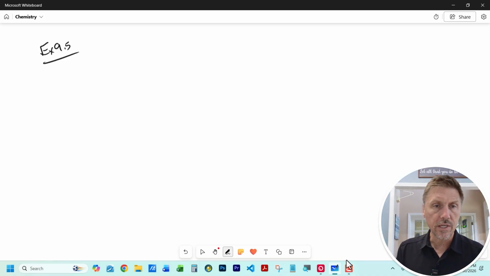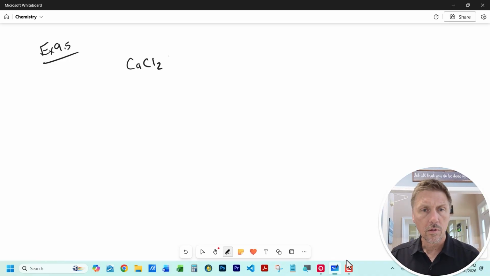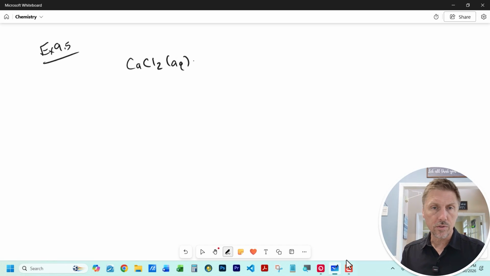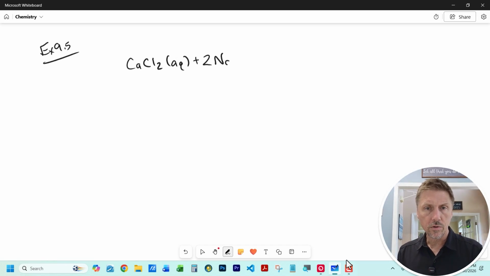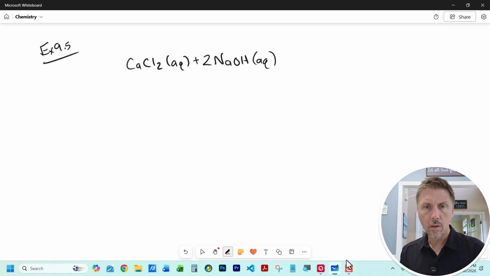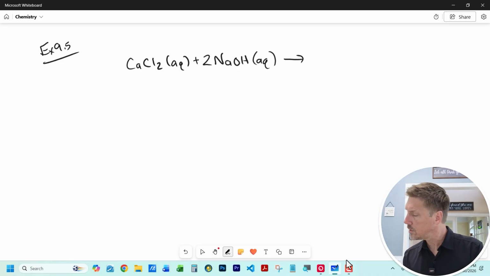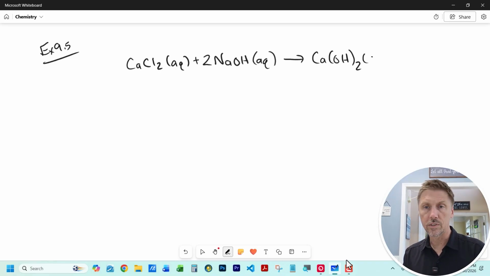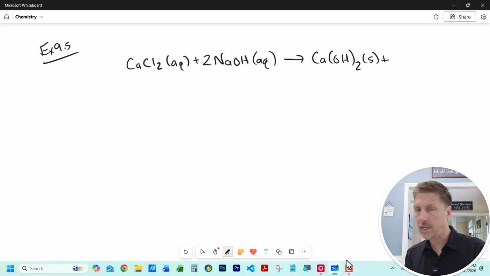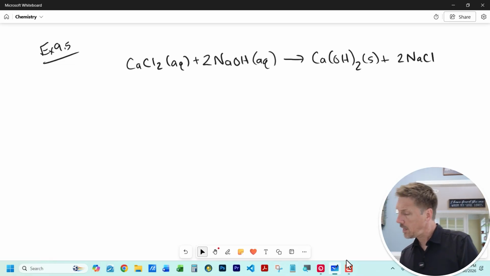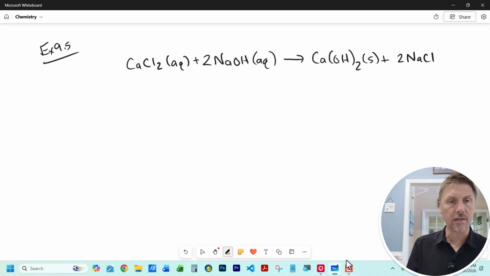So we're told that CaCl2 in aqueous form plus 2 sodium hydroxide in aqueous form is going to produce calcium hydroxide, Ca(OH)2, which is a solid, and that's going to be added to NaCl. Okay? And we're told we have 300 grams of calcium hydroxide.